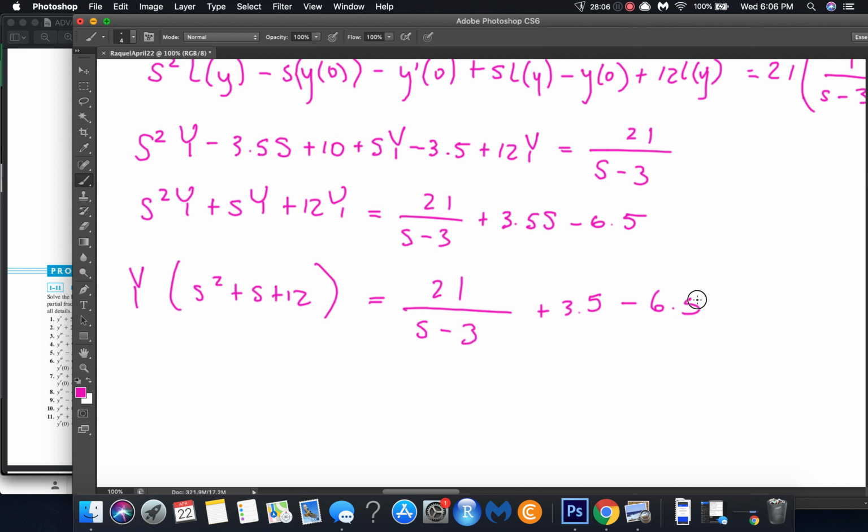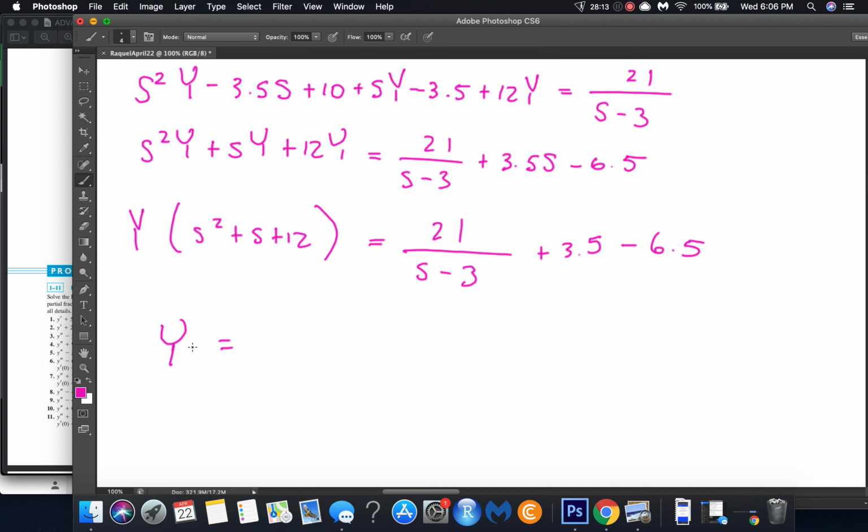minus 6.5. And then, as you already know, what will be the next step? Well, we just factor the s's, don't we? Not yet. We still have to divide this term on both sides. The next step is just dividing this term on both sides. Yes. So it's going to be s squared plus s plus 12.